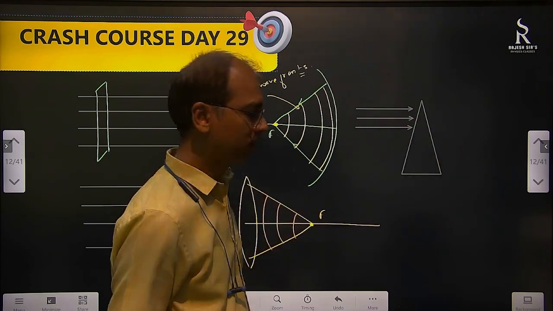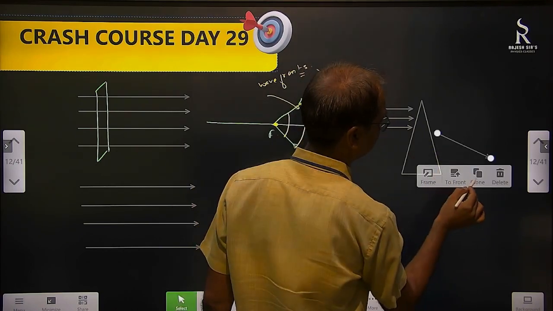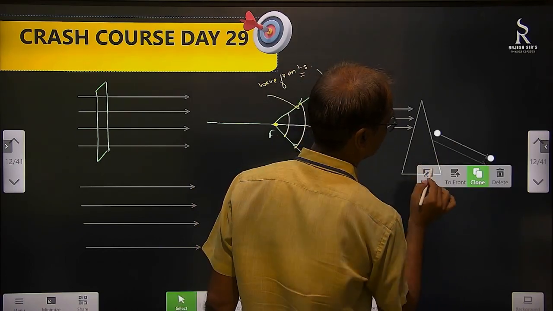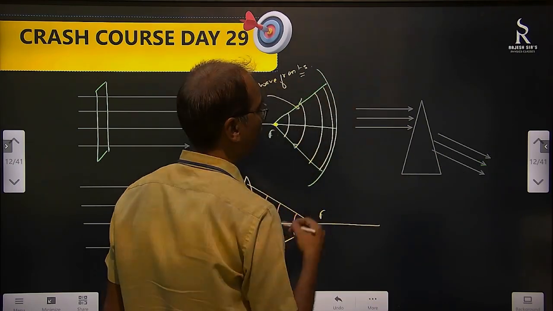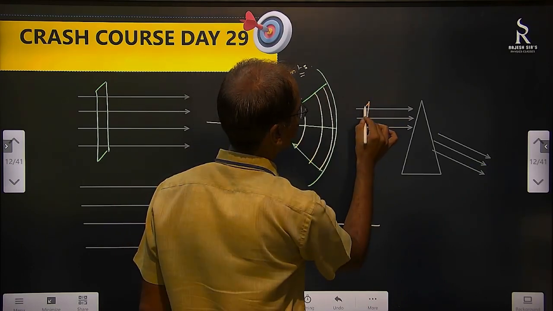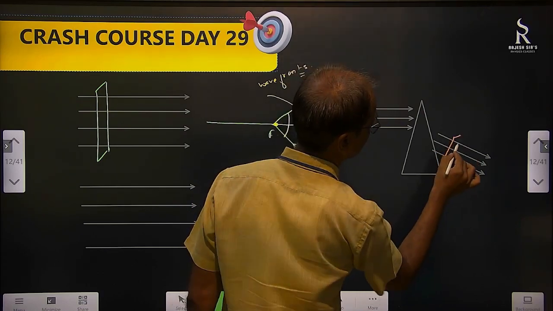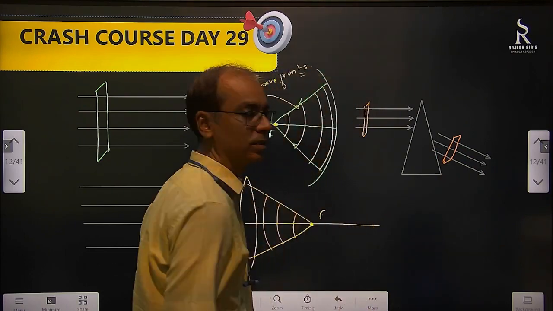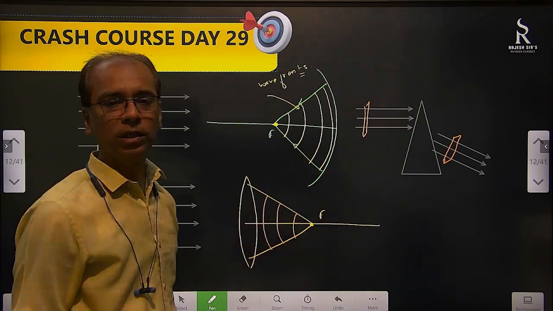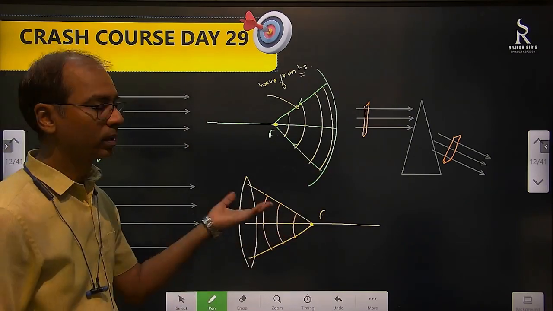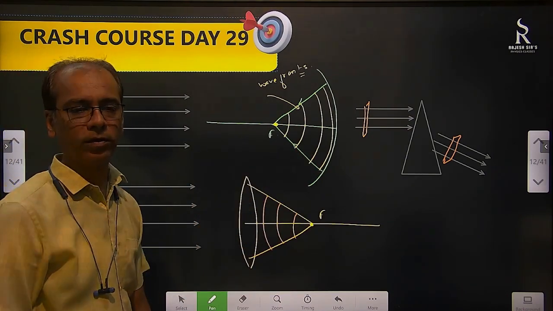This side will be emergent rays, so that will be like this. If here our wavefront is like this, here it will become like this. That only is the difference. So this way the wavefront's shape is changing, the wavefront's type is changing, because here it is a plane wavefront, here it became a spherical wave.